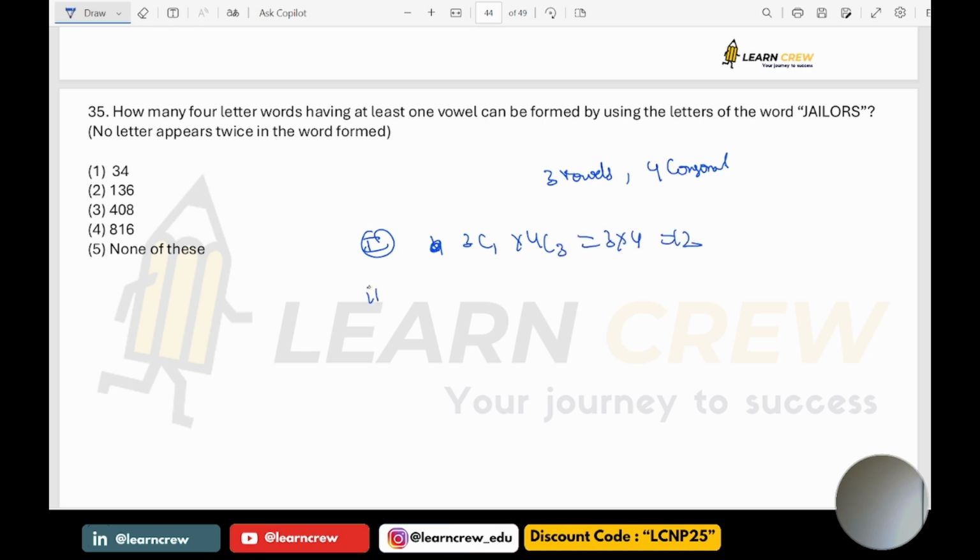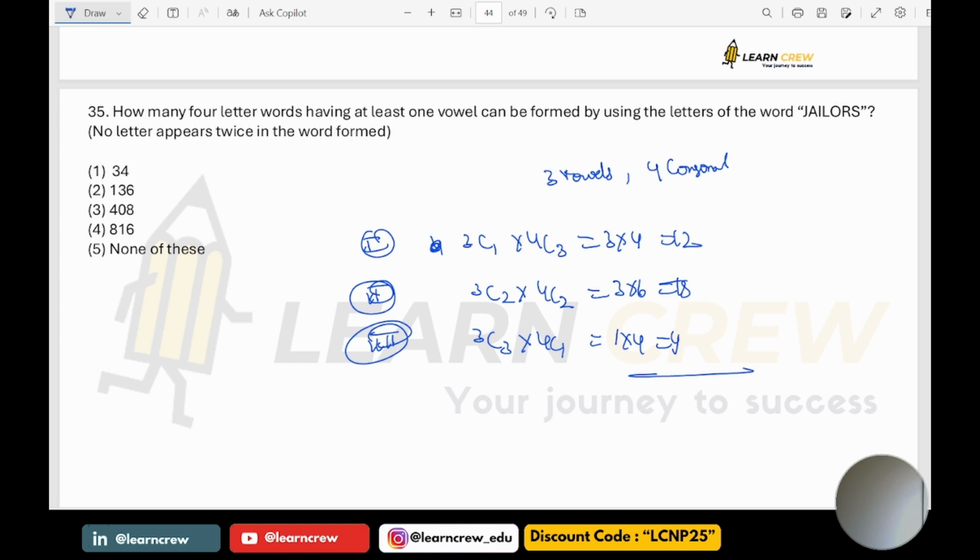Case 2. 2 vowels, 2 consonants: 3C2 into 4C2, 3 into 6, which is 18. And third case, 3 vowels and 1 consonant is 1 into 4, which is 4. So the total is 12 plus 18, 30, plus 4, 34.